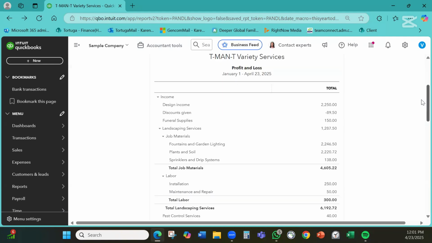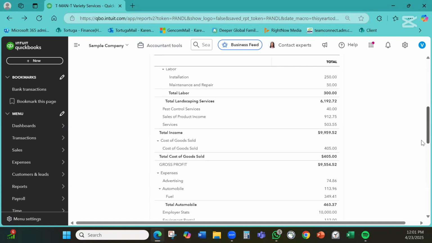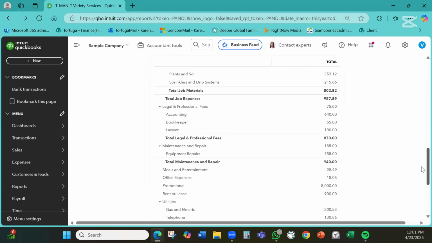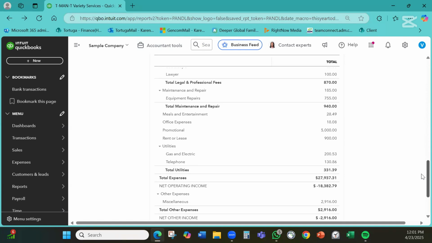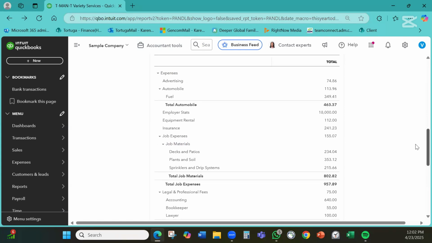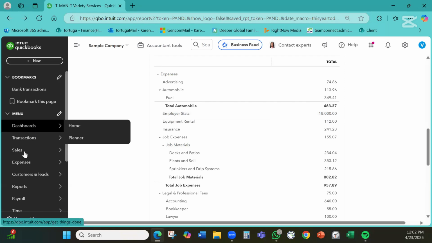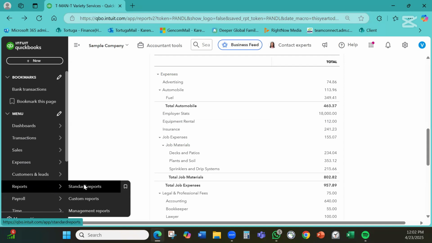All right, so I put in the expense rather. See it here? So this is what my journal did, it put it in expenses, right? So that's in my profit and loss. And then I will just show you in the balance sheet and we will end on that note.